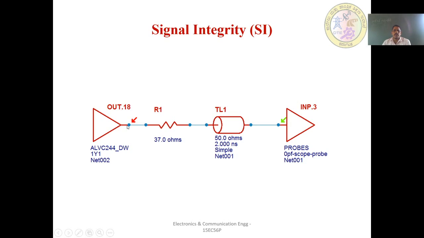The track travels from output pin number 8 into input pin number 3 of this IC. TL is a transmission line track. It is designed for 50 ohm impedance. The rise time of the signal is 2 nanoseconds. When the signal analysis has been done, then the signal looks like this.